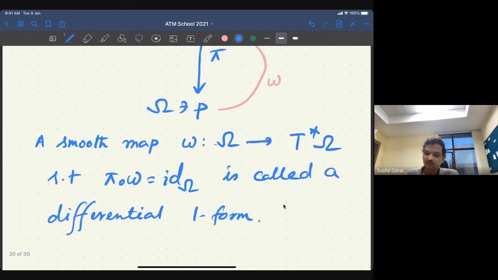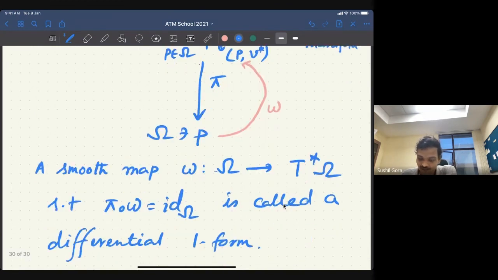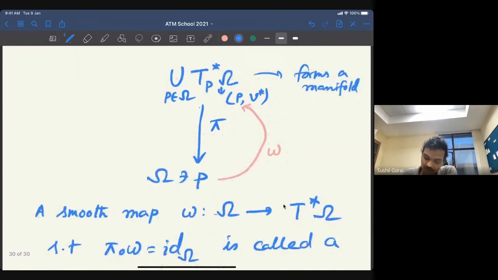Similarly, the similar thing without star, that means if you look at the tangent bundle, you will get a vector field.